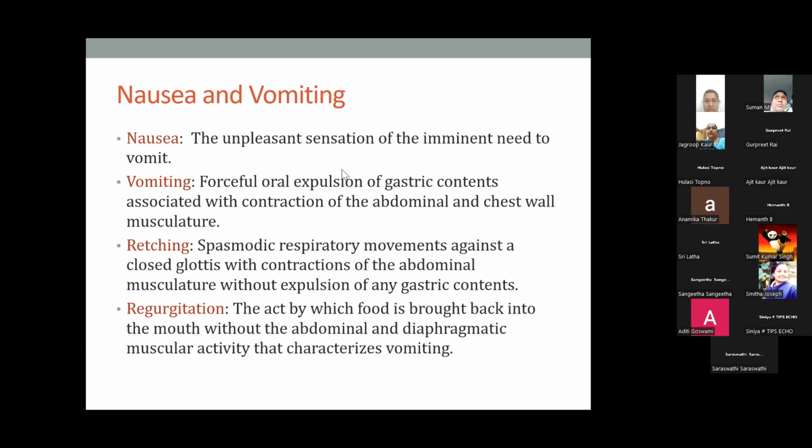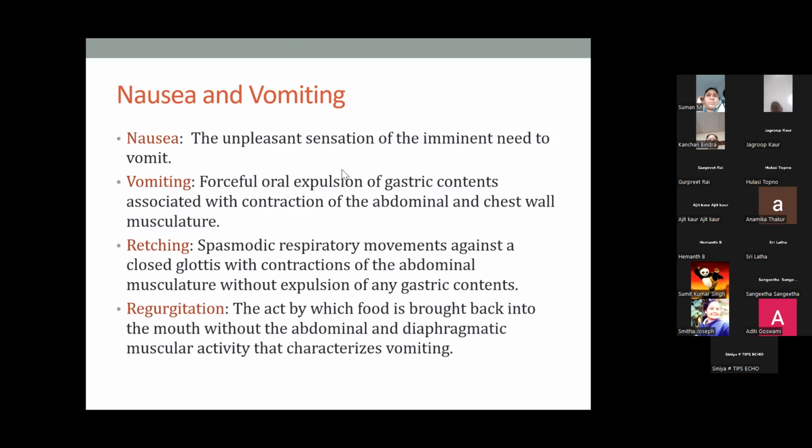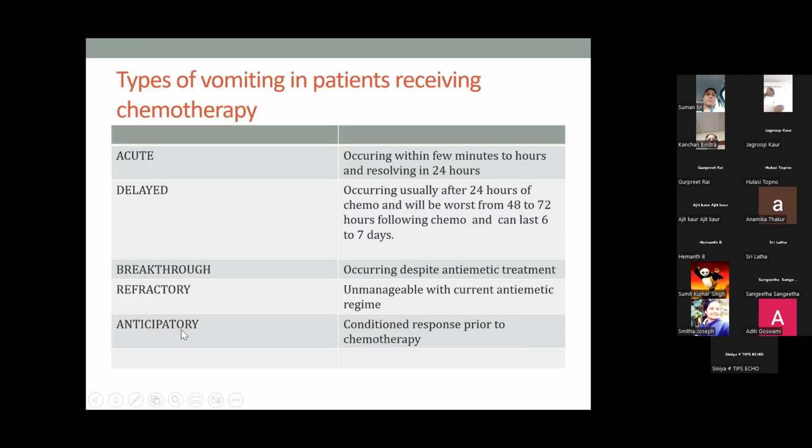What do you call that term? Any answers? It's acute vomiting, delayed vomiting. So acute vomiting, which occurs within a few minutes to hours, kind of resolves after 24 hours.